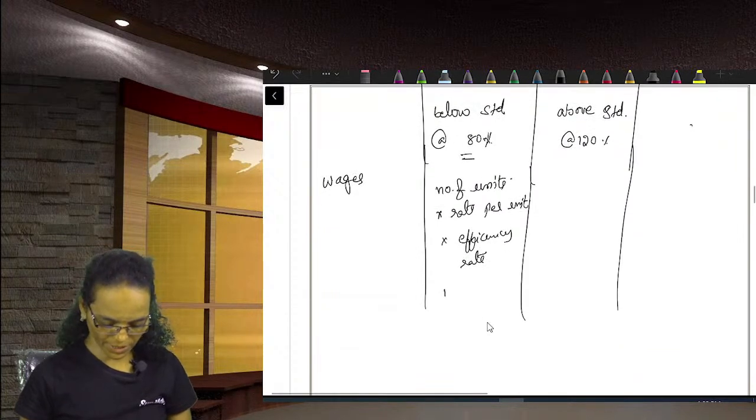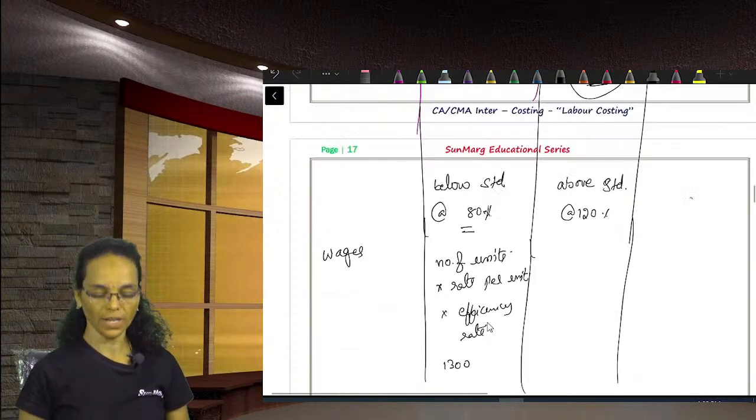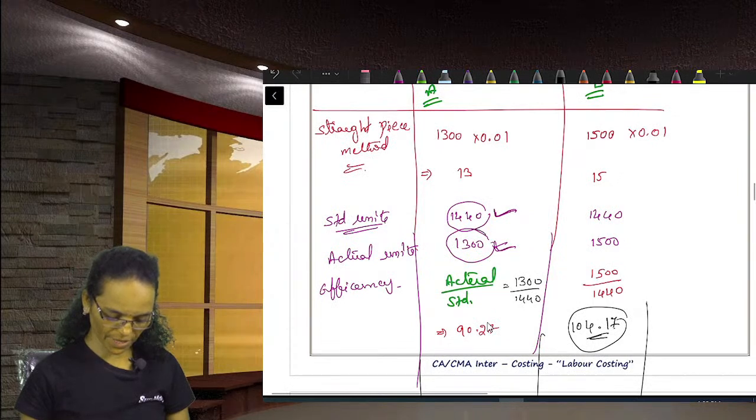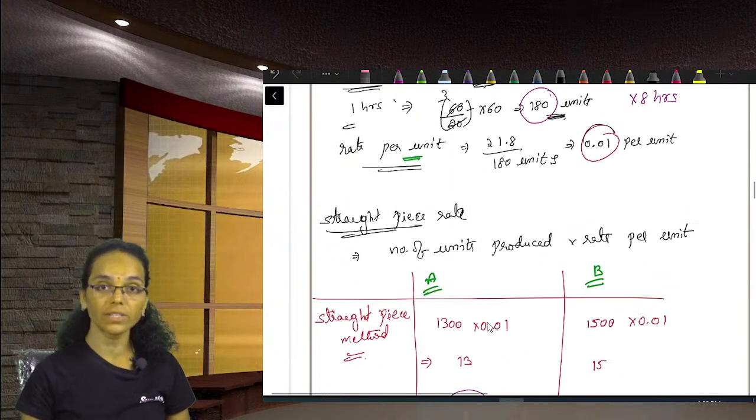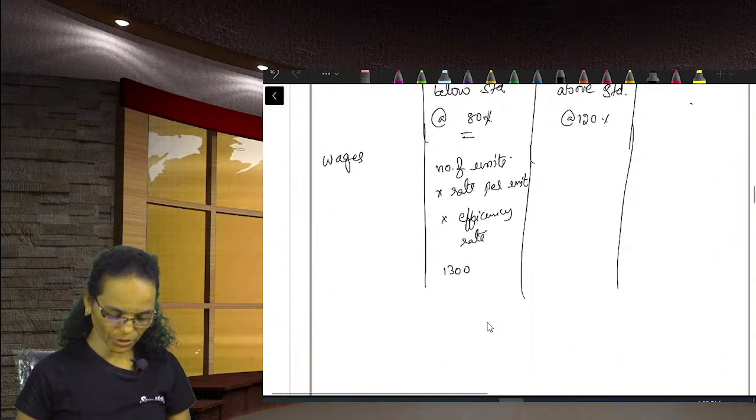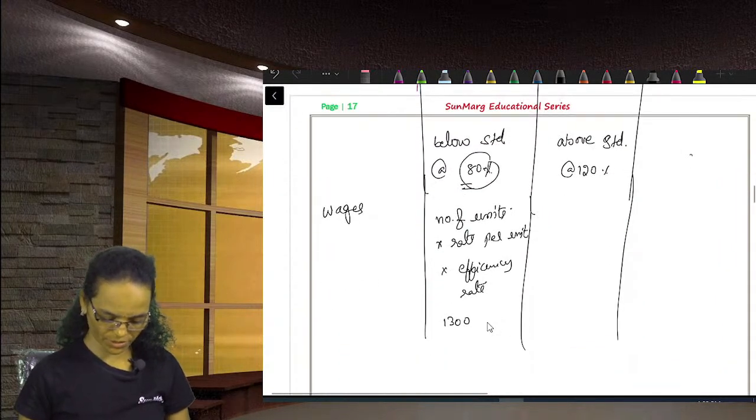Here A produced 1300 units, rate per unit is 0.01 into 80%.